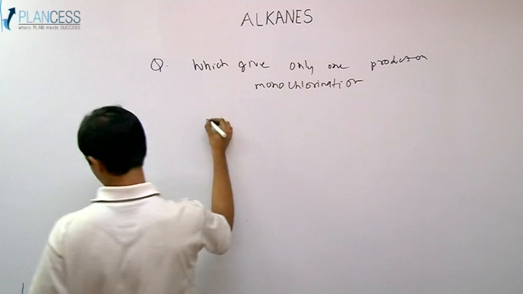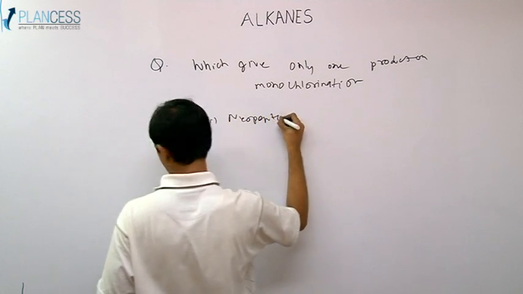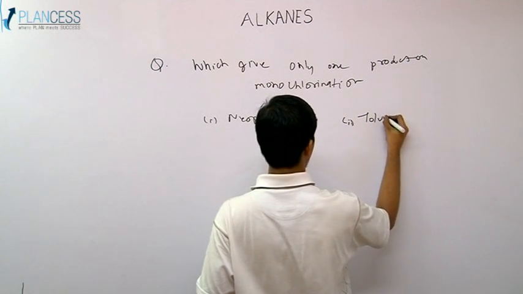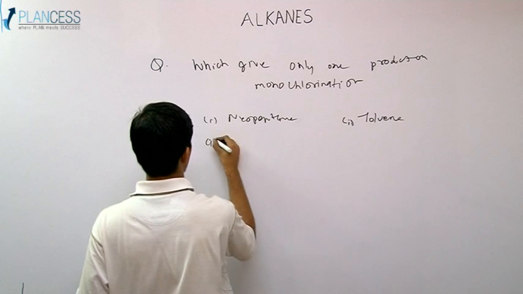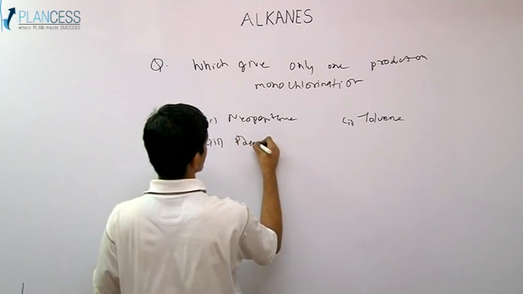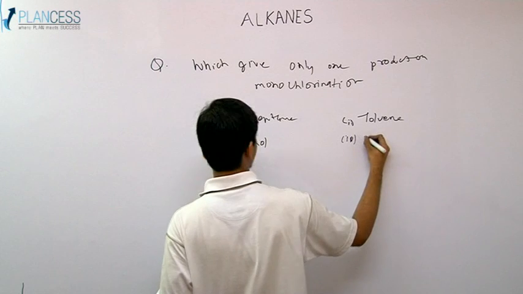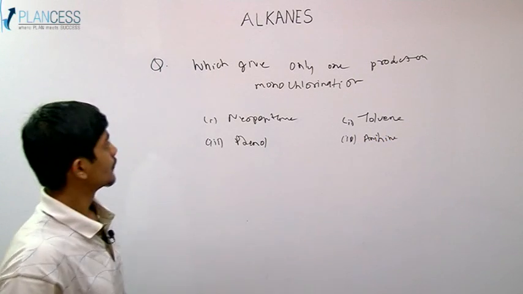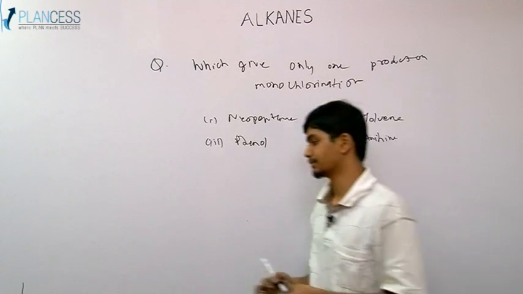The options are neopentane, second one toluene, third one phenol, and fourth one is aniline. Now, which of these gives only one product on monochlorination?